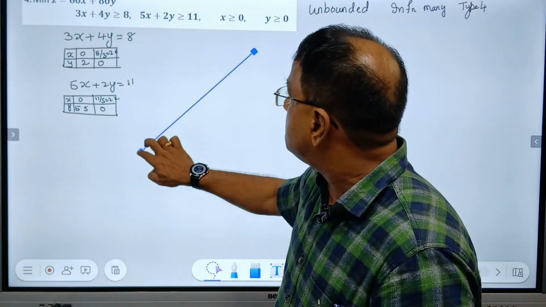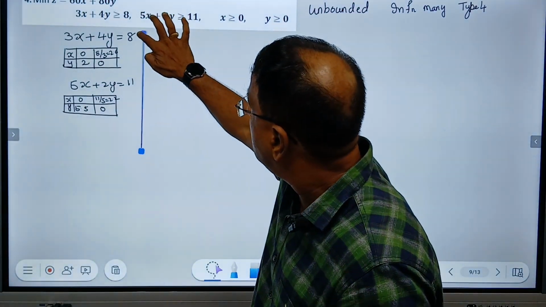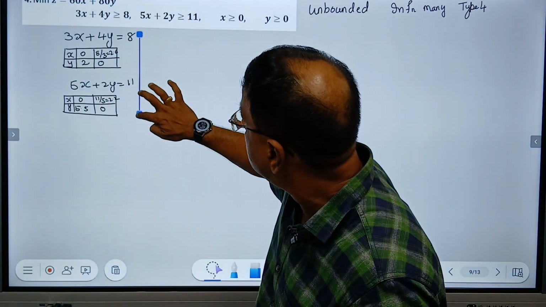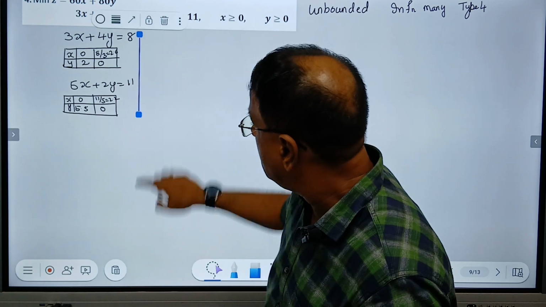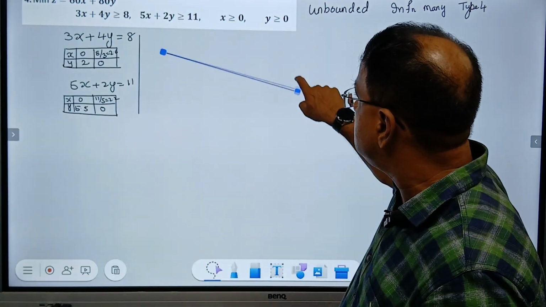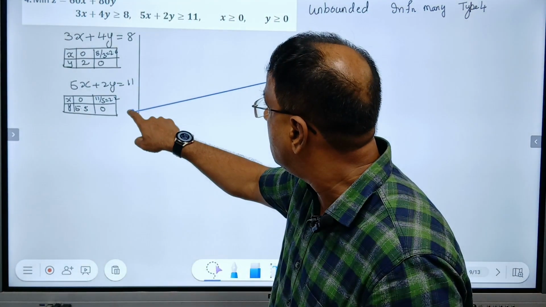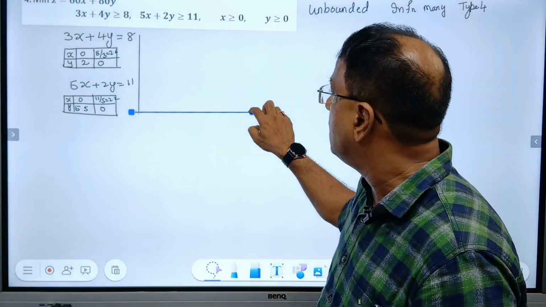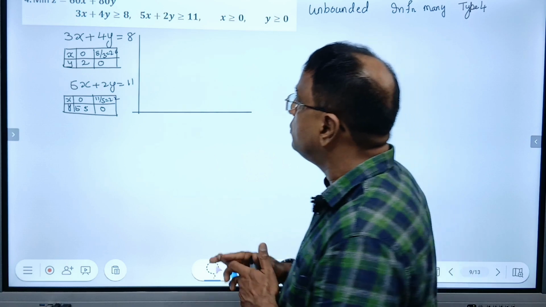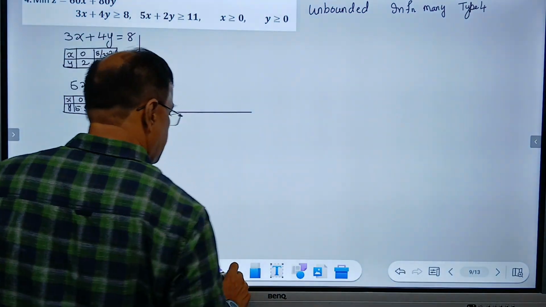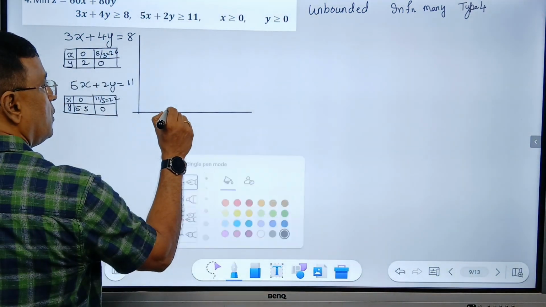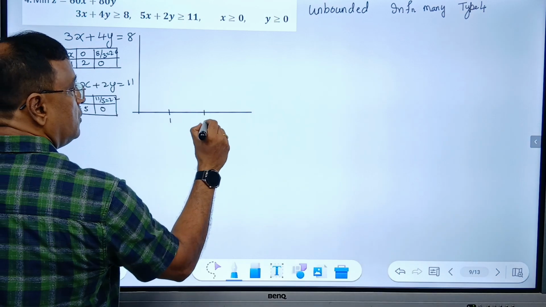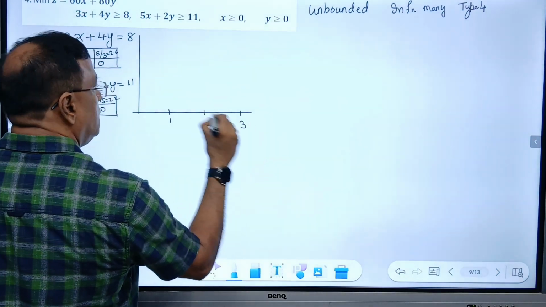So this is my x-axis, and then I have the y-axis. And the values are like 1, 2, 3, right? So let me take it as 1, 2, and 3.